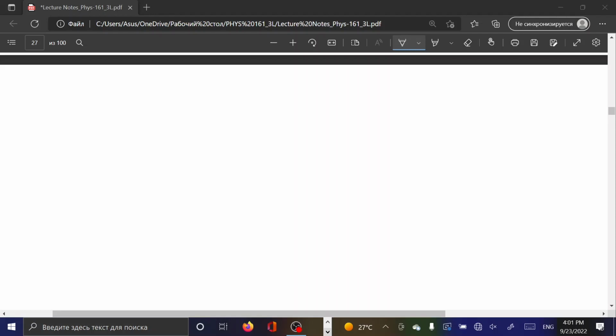And in order to do that, we applied the previously considered parallel axis theorem, which allows us to determine moment of inertia quite easily if we already know the moment of inertia about the center of mass. We have shown that the kinetic energy of such a rolling object consists of two components, one translational, another rotational.